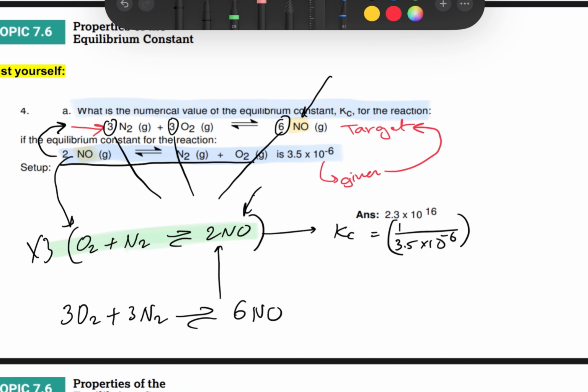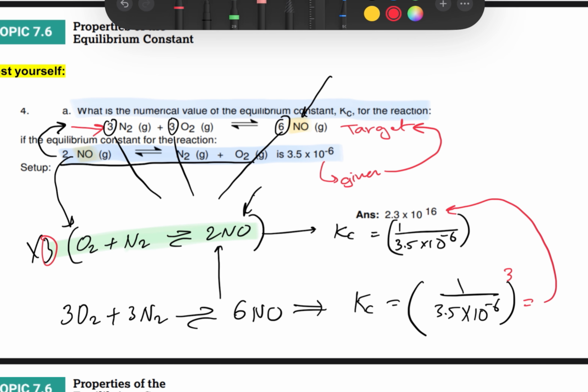All right. So at that point, you take the reciprocal of the Kc value because it's a flip, 10 to the power negative 6, and it's multiplied by 3, so it's raised to the power 3. If you do this process, you will end up with this answer, which is 2.3 times 10 to the power 16, which is the same guy in here.